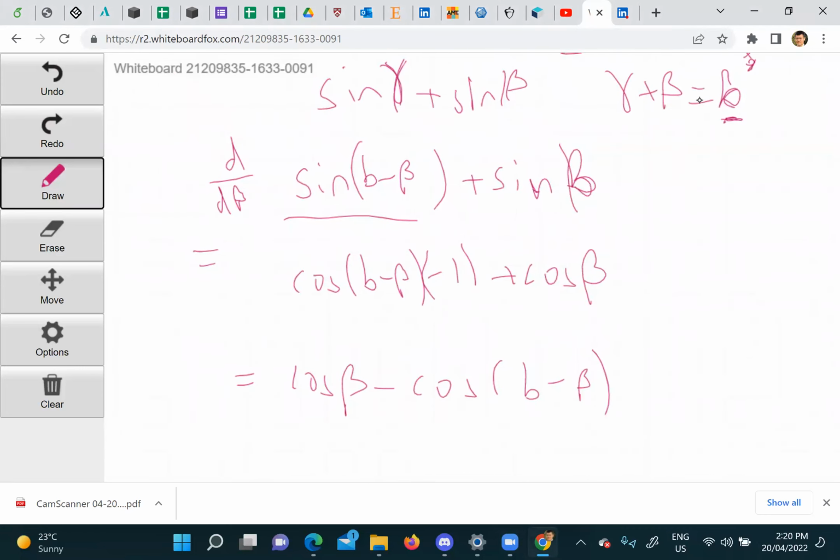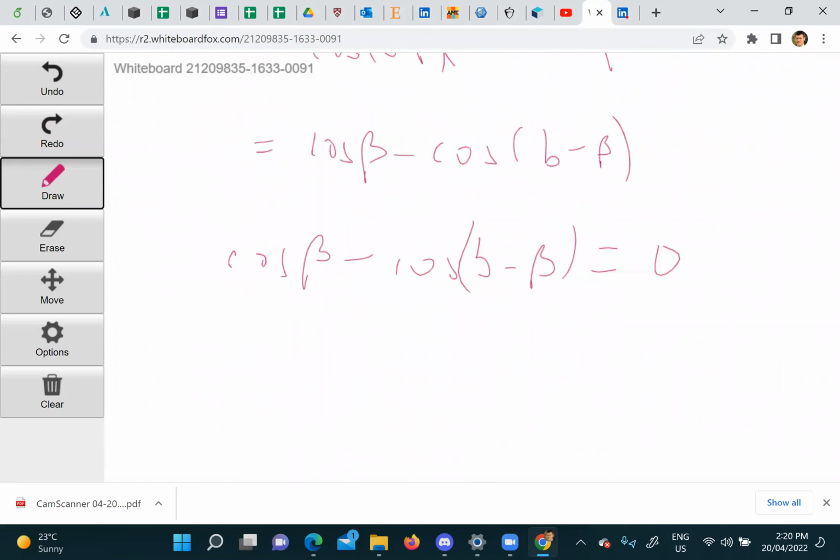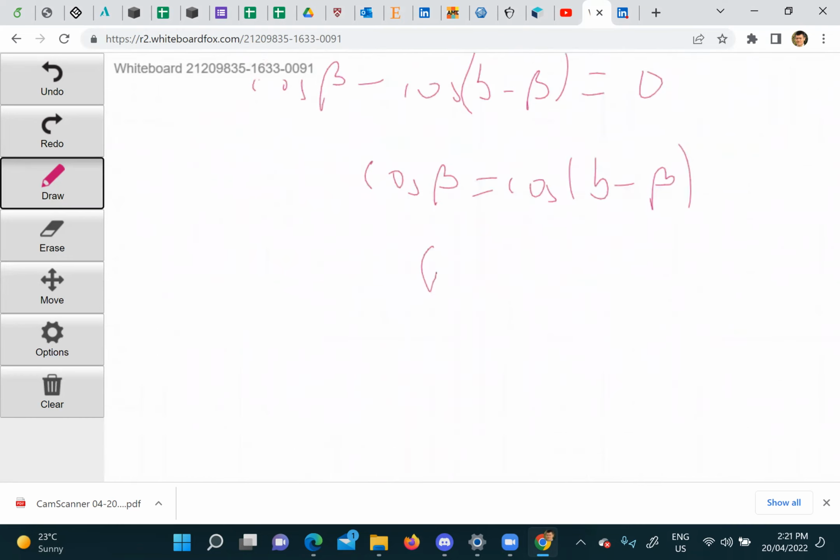So the gradient, this is maximum when this is 0. So cos beta equals cos of B minus beta, so beta equals B minus beta plus something. Okay, whatever, this is good enough.